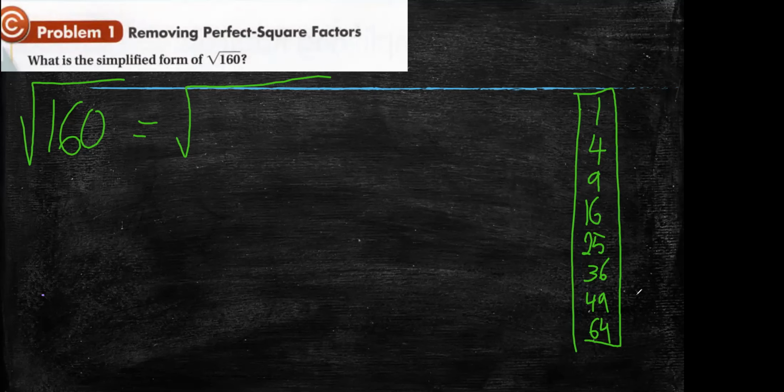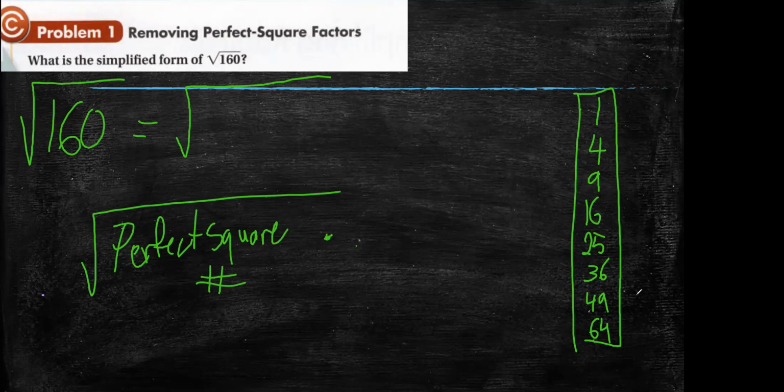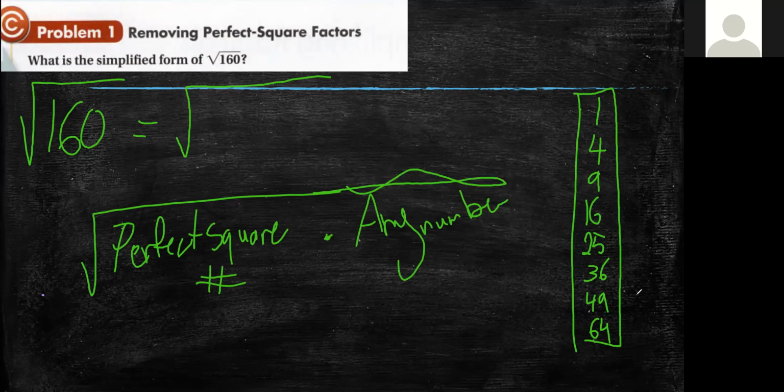I want to factorize it into any number multiplied by a perfect square number. I want to write it as a multiplication of a perfect square number times any number. This is what I mean.